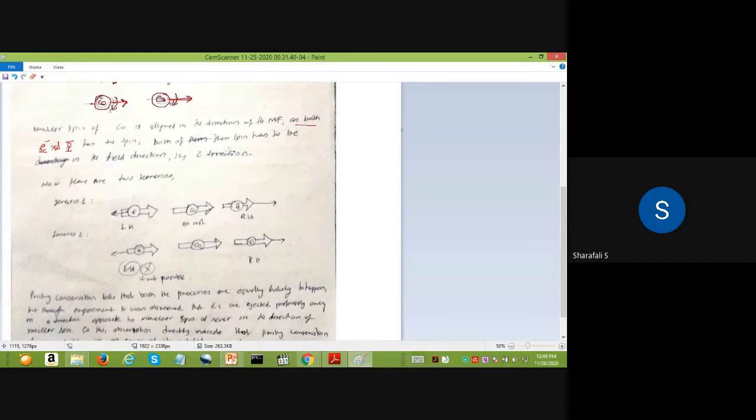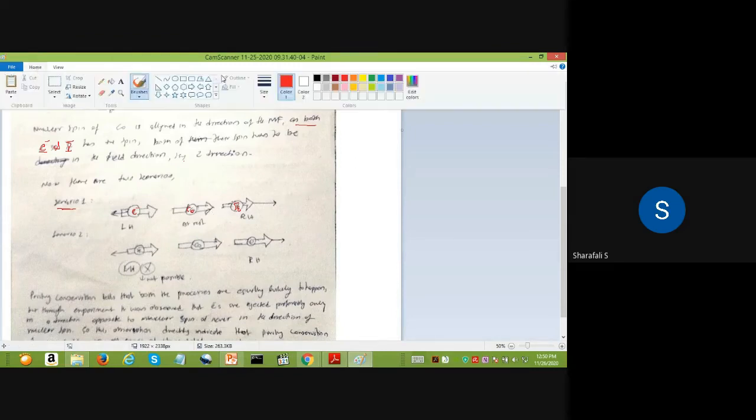In the first scenario, we can see the spin of the cobalt, this is cobalt, this is the electron, and this is the neutrino, the electron antineutrino. When you consider the antineutrino, cobalt, and electron, all of their spins are aligned in one direction.